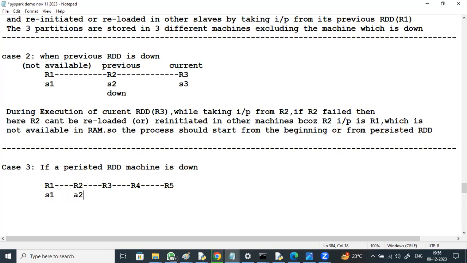I'm mentioning only one system, but it is stored across multiple systems. Think only one partition is available in each one; in R1, only one partition stored in S1.